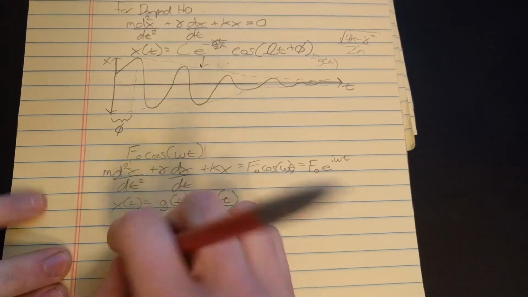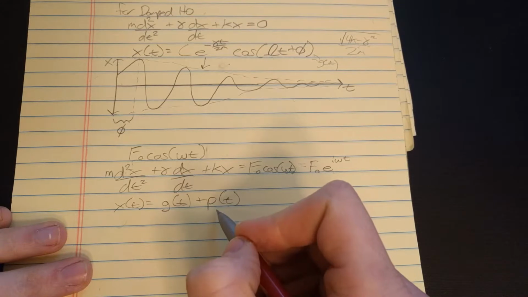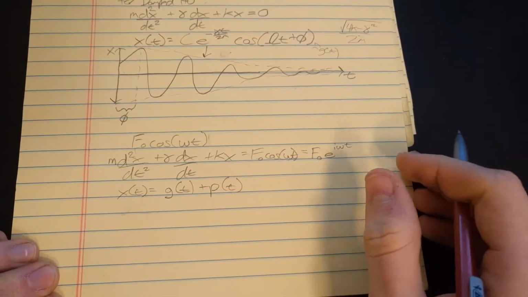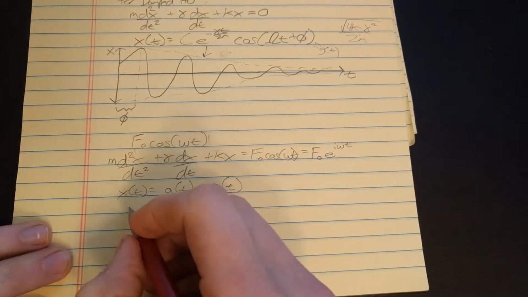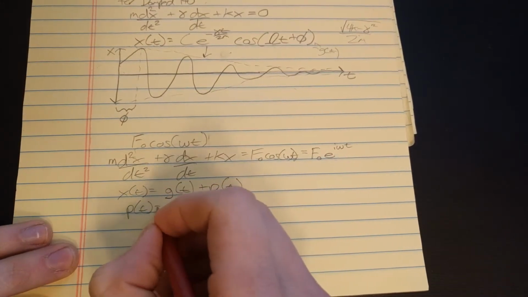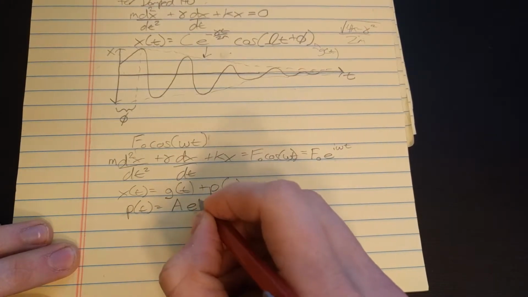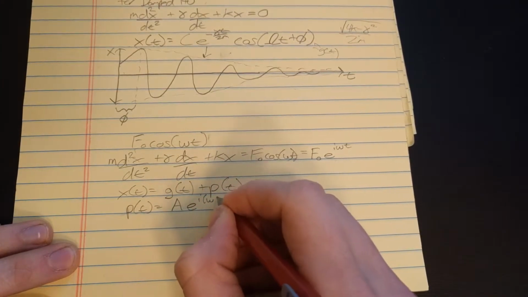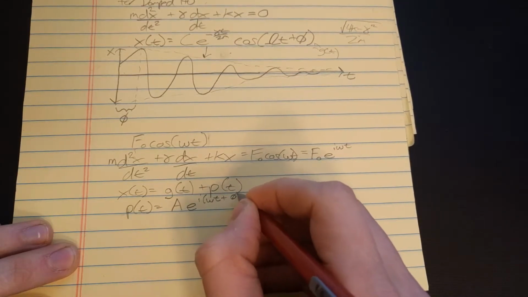To do that, we're going to try assuming, although we kind of are cheating because we already know what to assume, but usually exponentials are good things to assume. So we're going to assume P of t is of the form some constant A times e to the i omega t plus some phase factor phi.